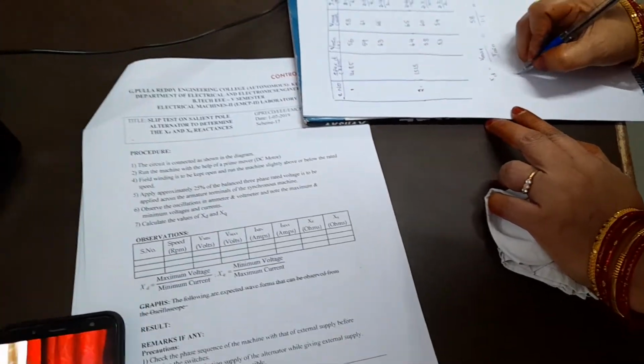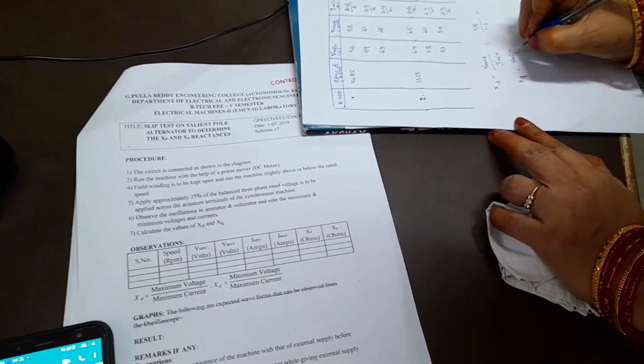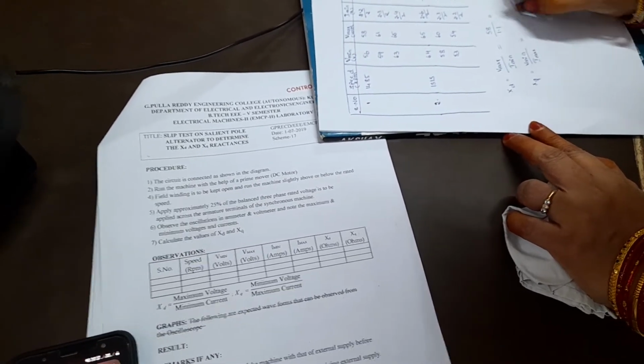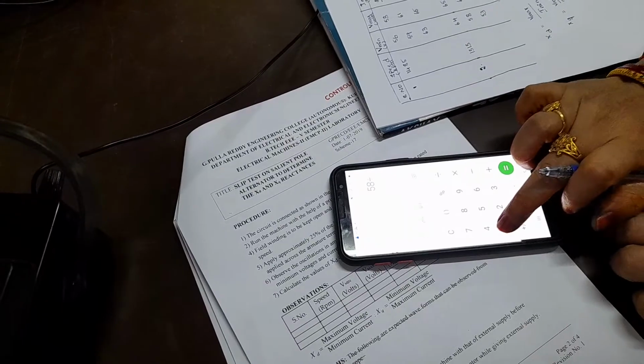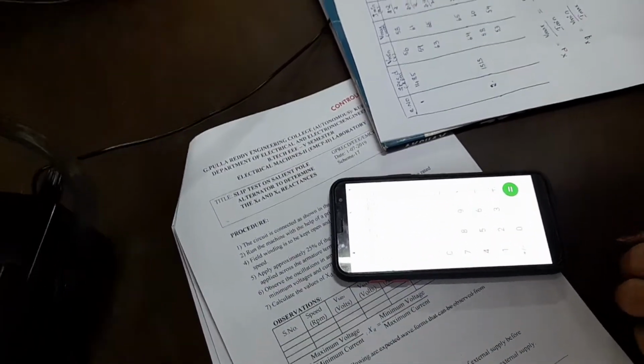V max 58 by 1.1. So you can observe Xd value, 58 divided by 1.1, something around 52.72 ohms.